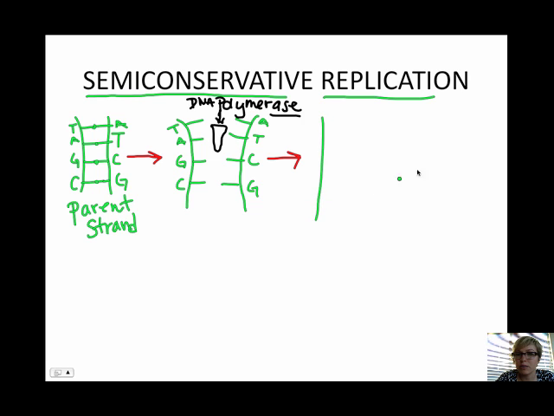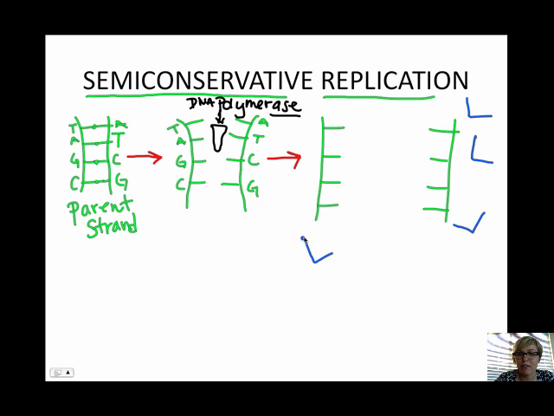So here are our two strands right here. The cell has manufactured and has floating around these free-floating nucleotides. Now remember, we use little L's to symbolize nucleotides.